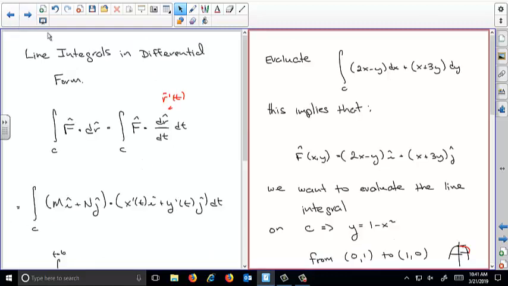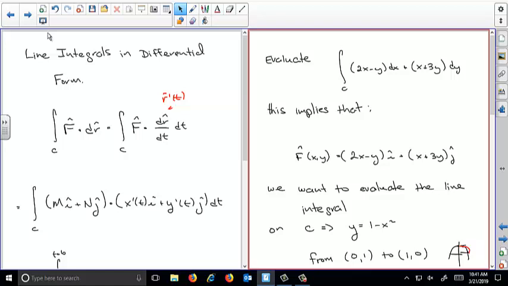So here's an example. We want to integrate (2x minus y) dx plus (x plus 3y) dy. What that implies is that the field vector is (2x minus y) i plus (x plus 3y) j.